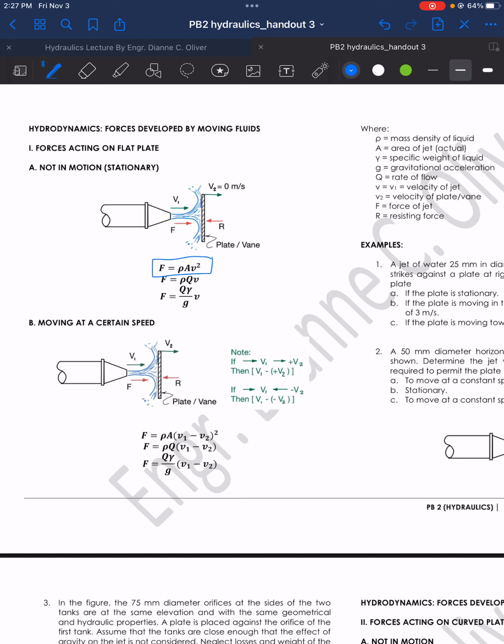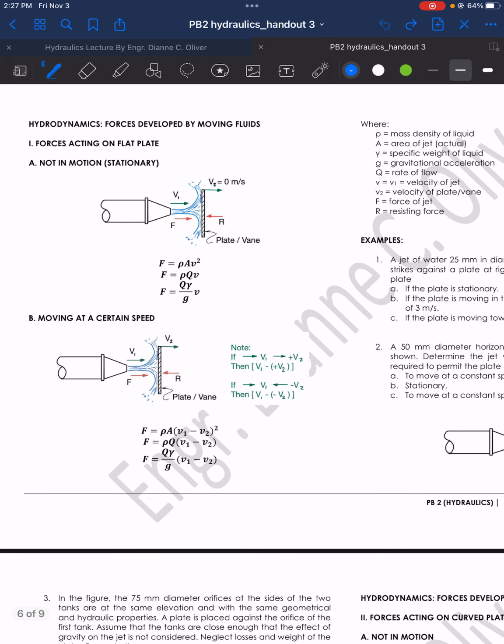The force of the jet is equal to rho A V squared. Also, F is equal to rho Q V, and F is equal to Q gamma over g times V, where rho is the mass density of the liquid.